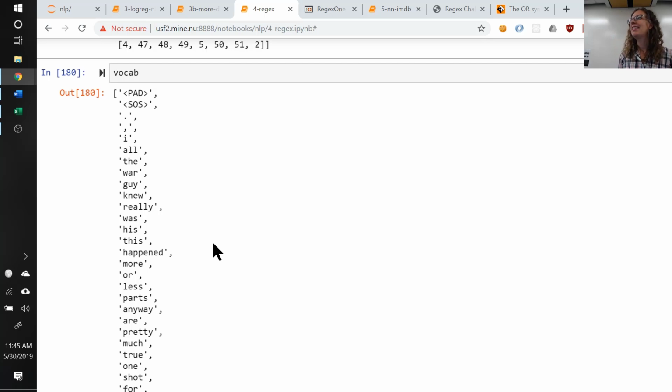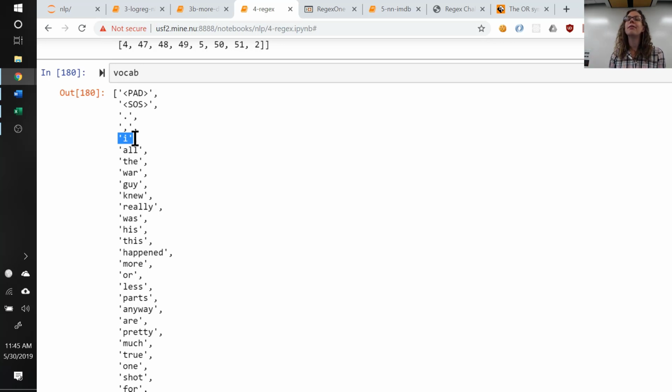Can you say it louder? Yeah, ID to word, or ID to token. So this list gives us a map of how we get from a number to a token. If you chose 4, vocab 4 is going to give you I. That's a way to get from your IDs to your tokens.